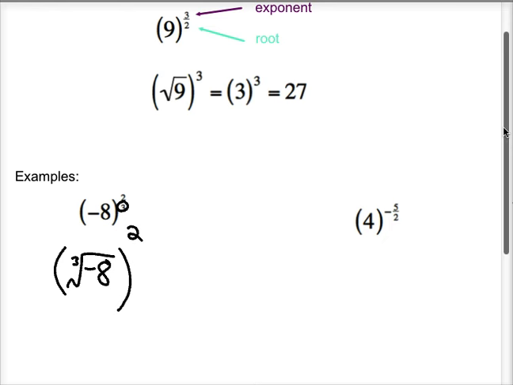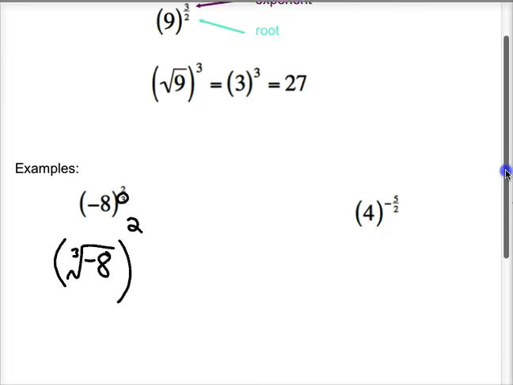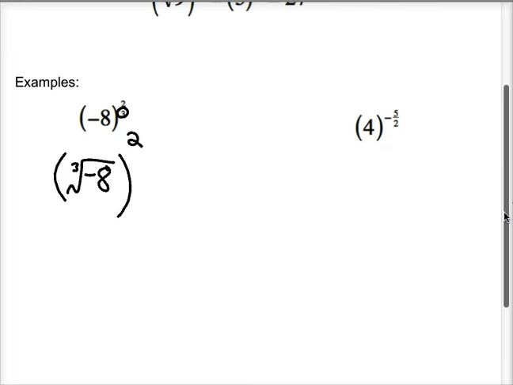So that's the first thing, clearly labeling that 3 is my root, and then I have my exponent. So what does that mean? Well, the cube root of -8, well, the cube root of 8 is 2, so you keep a negative there. So the cube root of -8 is going to be -2.